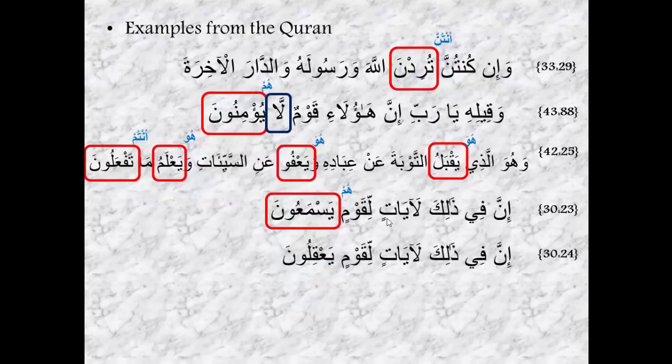And a very similar verse, إِنَّ فِي ذَلِكَ لَآيَاتٍ لِقَوْمٍ يَعْقِلُونَ. The verb is يَعْقِلُونَ, following the pattern يَفْعِلُونَ. And this is, of course, conjugated for whom. Indeed, in this are signs for a people who exercise their intellect, who use reason to think.